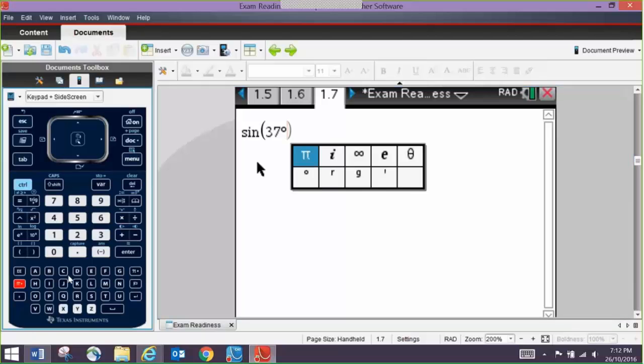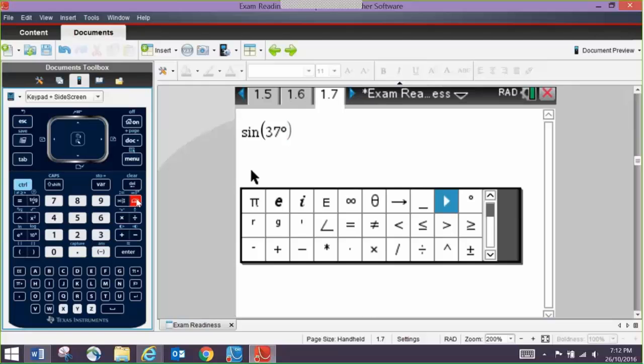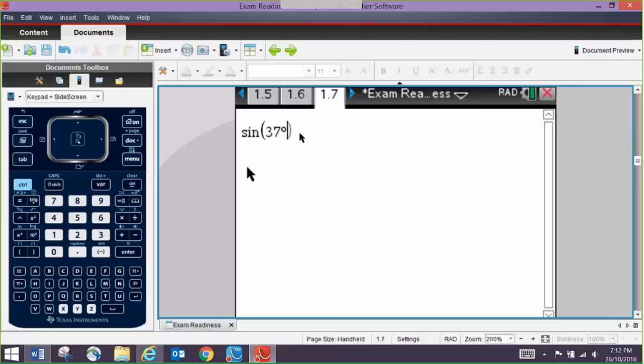It's also in the pi menu there, and I'll escape out of that. And it's also in what I like to call my favourite things menu, which is the control catalogue, and you can see it up there. So those are 3 quick ways to find the degrees, and of course you can find it within the catalogue.